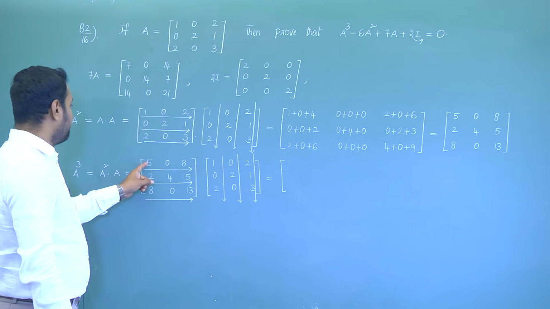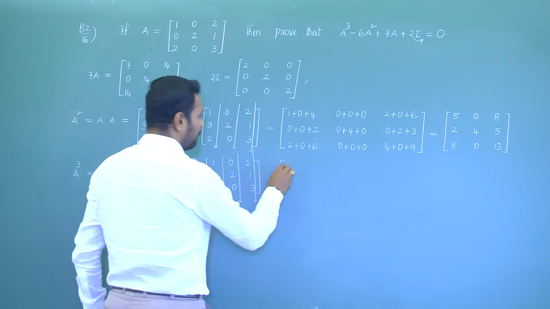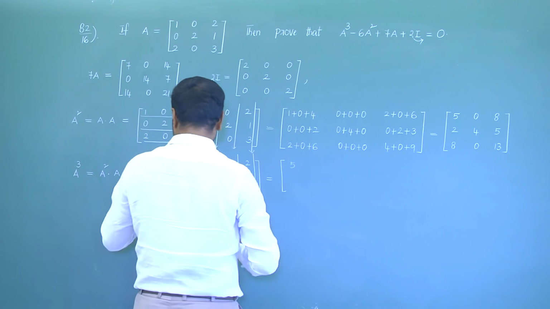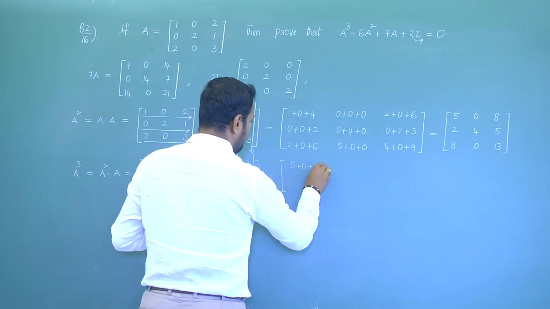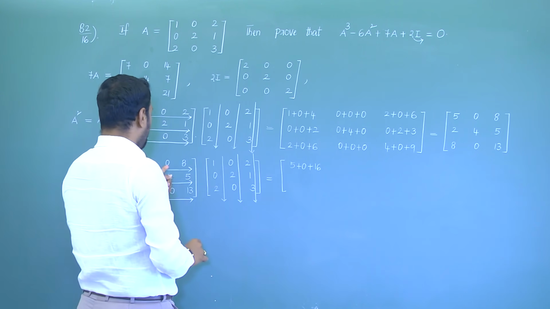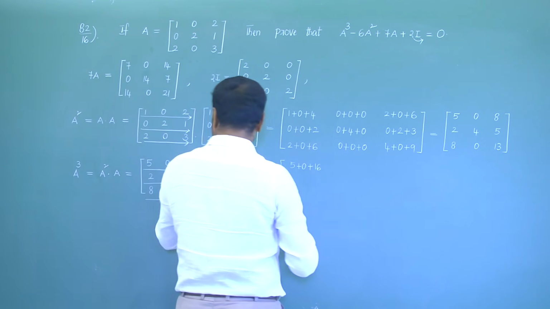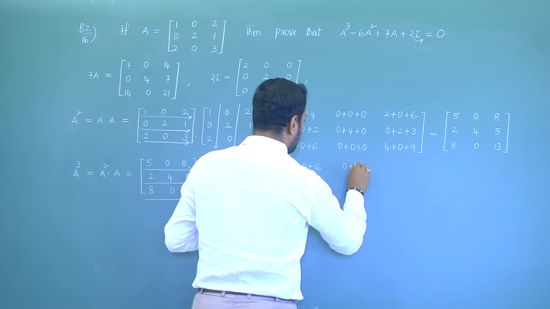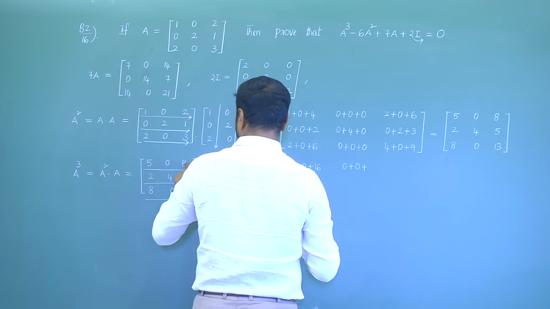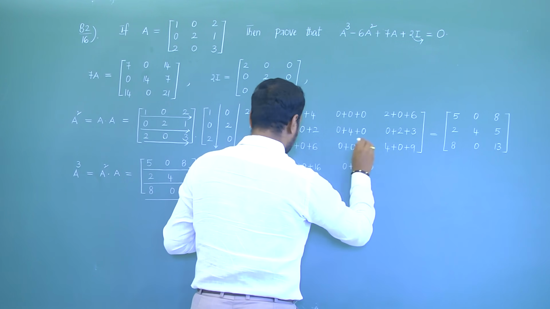First row, first column: 5 into 1, 5 plus 0 into 0 plus 8 into 2. First row, second column: 5 into 0 plus 0 into 2 plus 8 into 0.